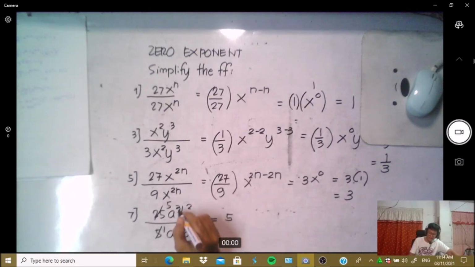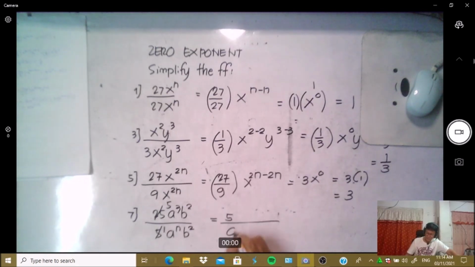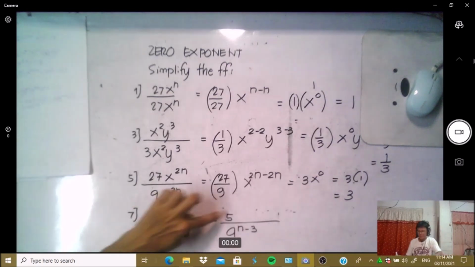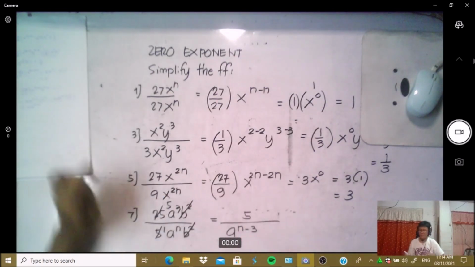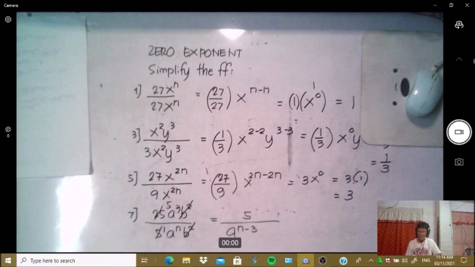Then we have a, let us assume that n is greater than 3. Therefore, we have to write it in the denominator, n minus 3. Then we have b, we can just cancel this out. And therefore, our answer will be 5 over a raised to n minus 3. That is just the same as our former answer.